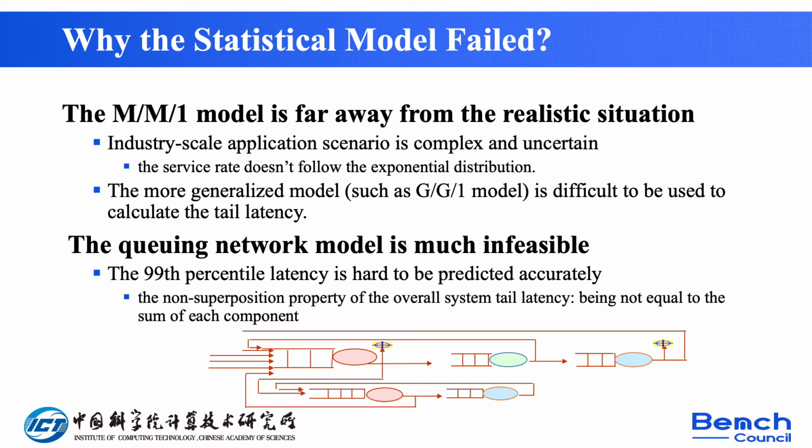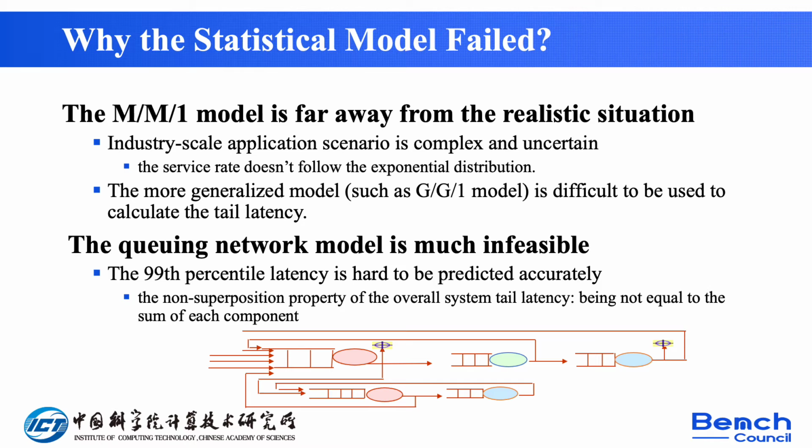It is complex and uncertain to execute an end-to-end benchmark, and the service rate doesn't follow the exponential distribution. So the M/M/1 model is far away from the realistic situation. However, the more generalized model, such as the G/G/1 model, is difficult to use to calculate the tail latency.